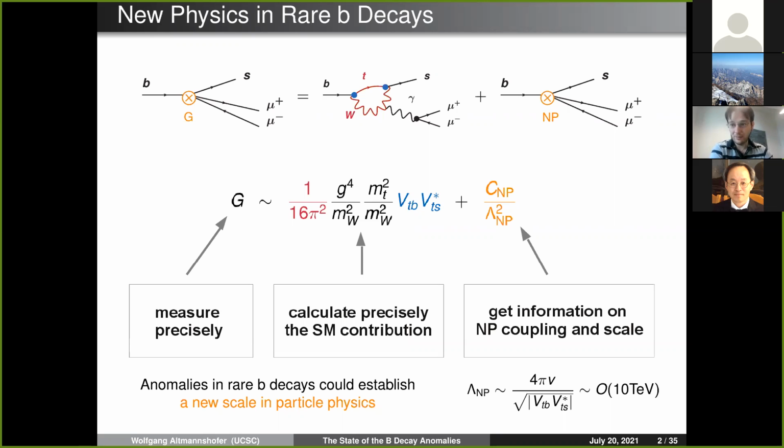Whatever new physics is responsible for such an anomaly could very well be outside the reach of the LHC, but it is not so extremely high that it could be completely invisible to us in the future. So it is conceivable that we will be able to build colliders to directly probe whatever new physics is responsible for such anomalies. So that's a very rough basic picture.